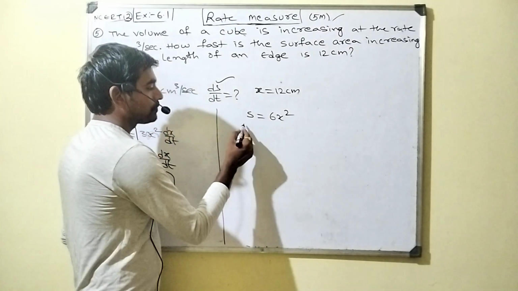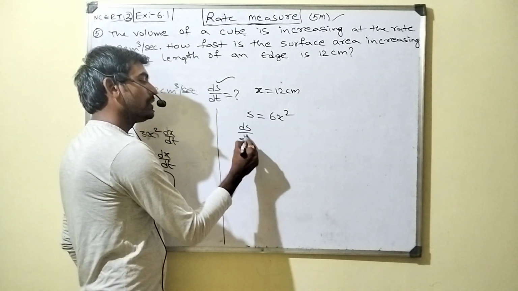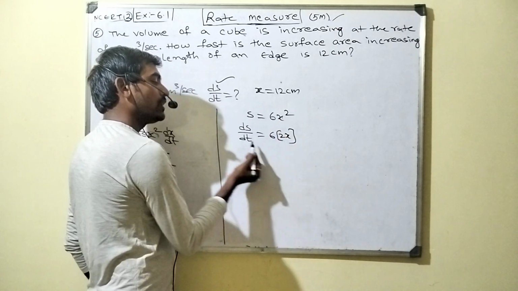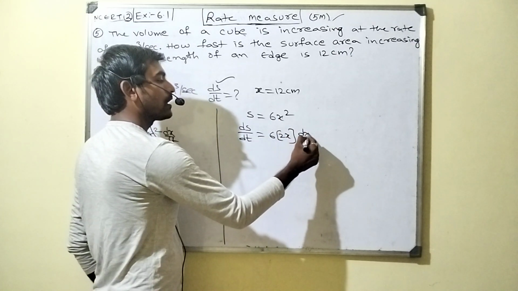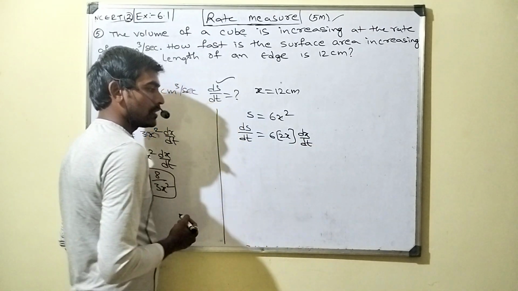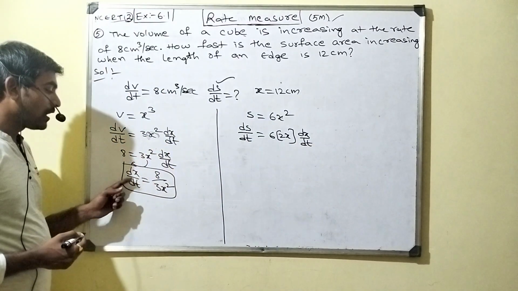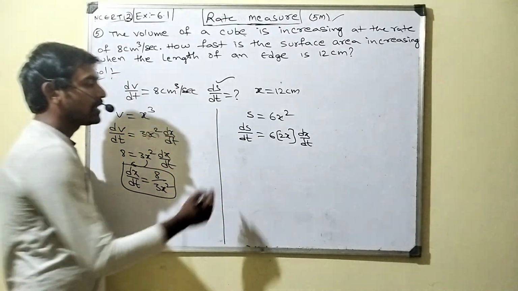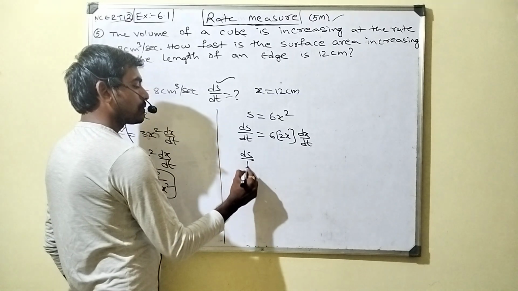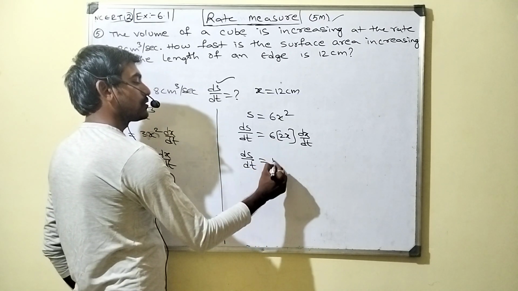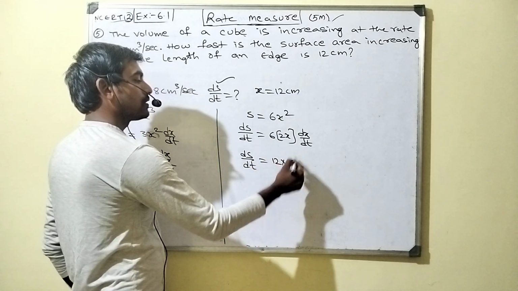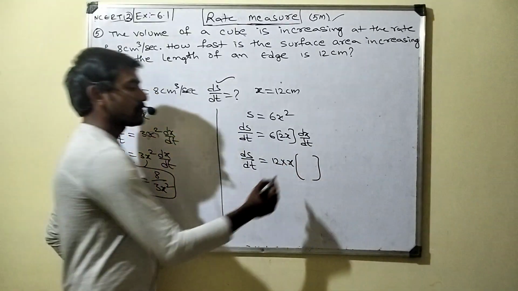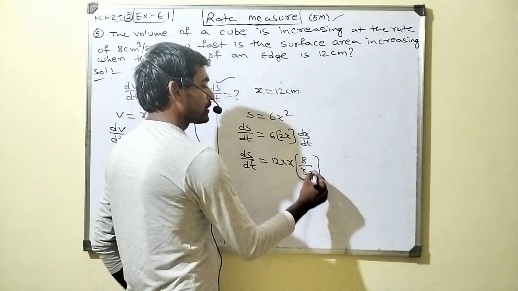Now what about S? dS by dt. S is 6x square, the derivative is 2x, and I am doing it with respect to time, so I write dx by dt. We already found dx by dt, so let me substitute there. dS by dt is equal to 6 into 2, that is 12 into x into dx by dt, which is 8 by 3x square.